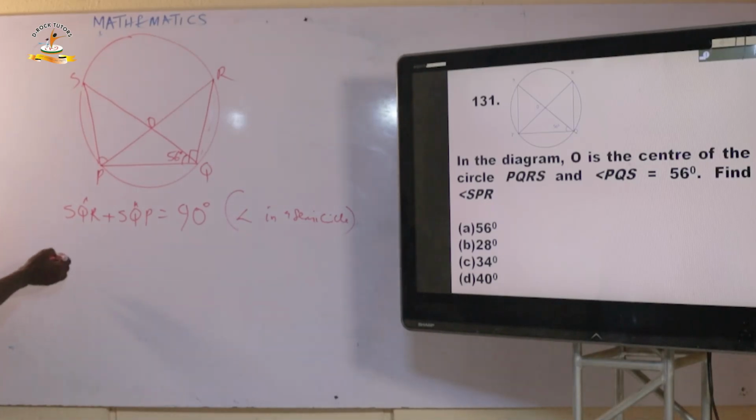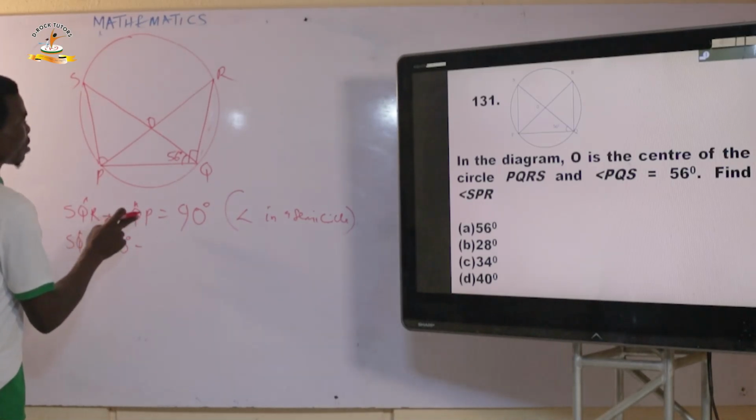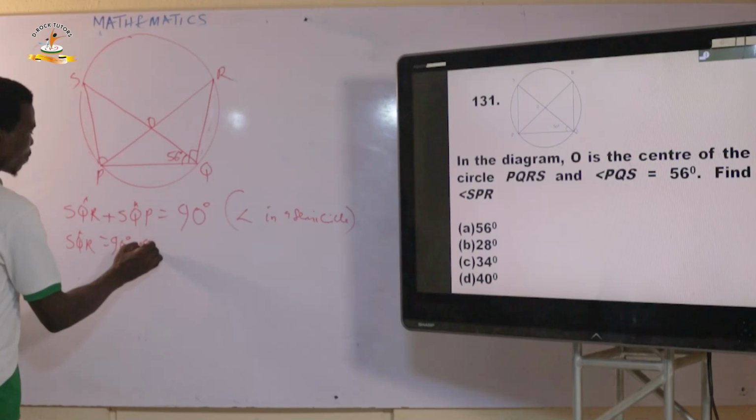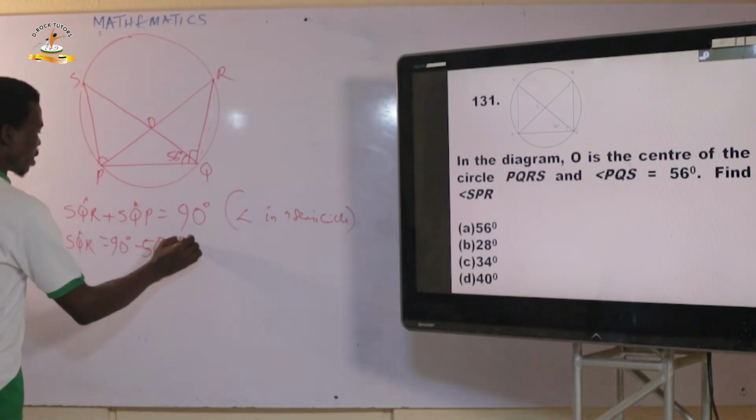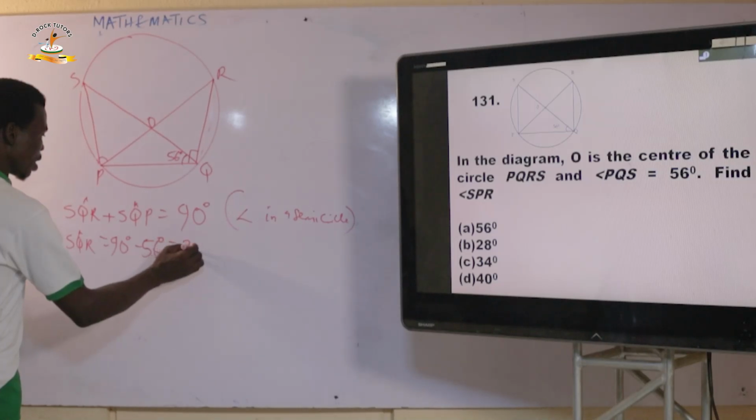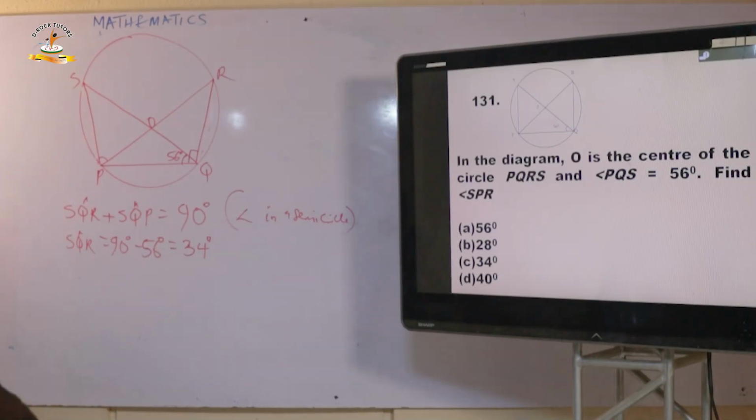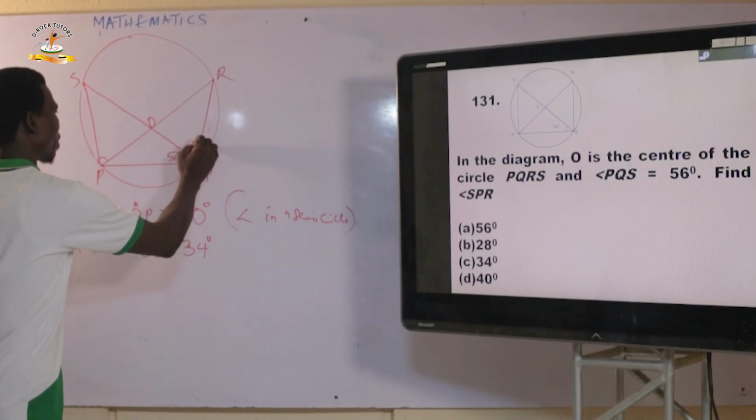So with this, I can get SQR equals 90 degrees minus SQP, which is 56 degrees. And this will give me 34 degrees. So it means this angle is 34 degrees.